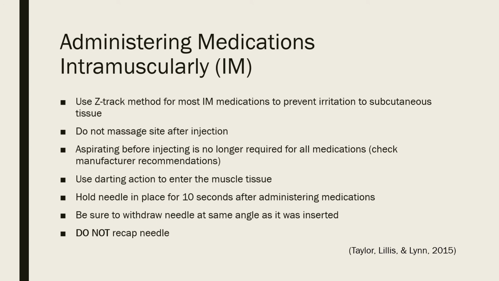Z-Track is a special method for giving IM medications, and now they're recommending that you use Z-Track on almost any IM medications to prevent irritation of the subcutaneous tissue. So we're going to look at that in just a minute. Again, you don't massage the site, you just want to hold gentle pressure after you're done.